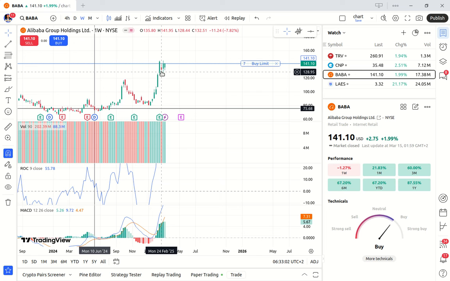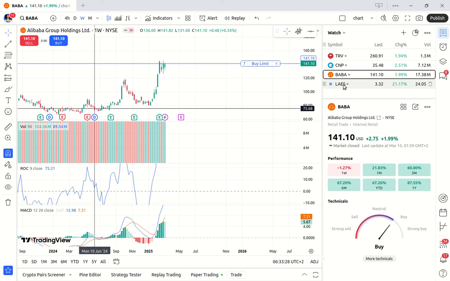Now this is a bullish Harami chart pattern here. I've noticed a bullish Harami here, and then we have these two consecutive green days, because it's a bullish Harami and a bullish engulfing, right, and the Marubozu.